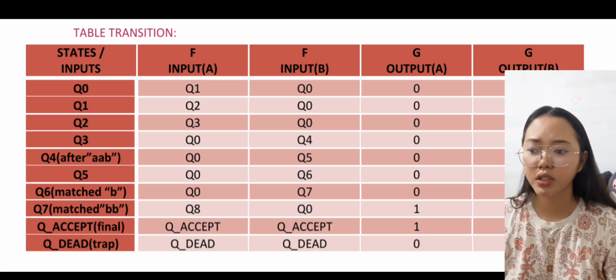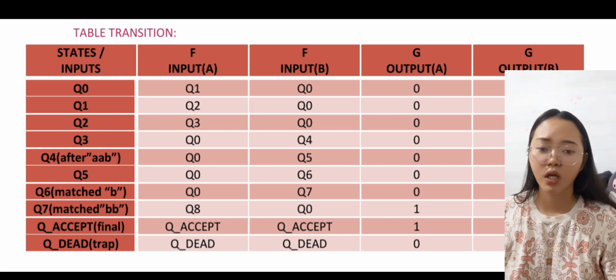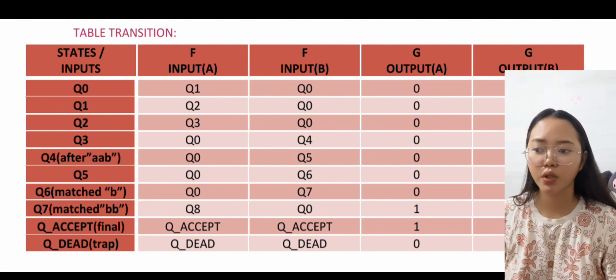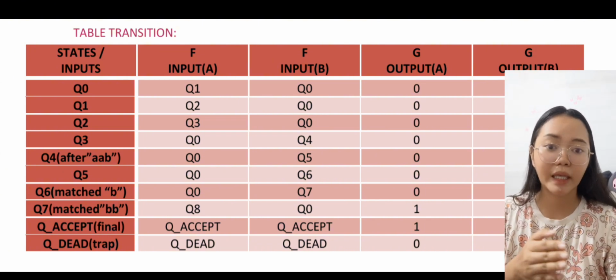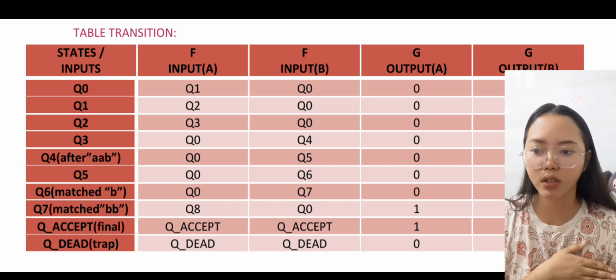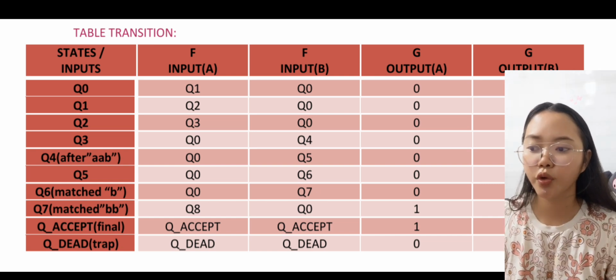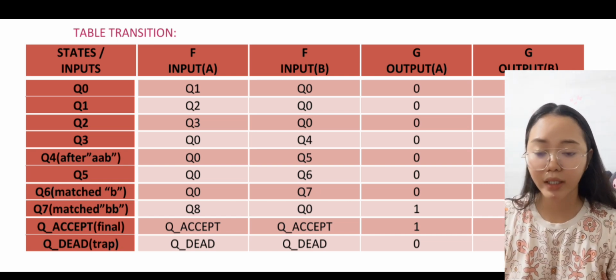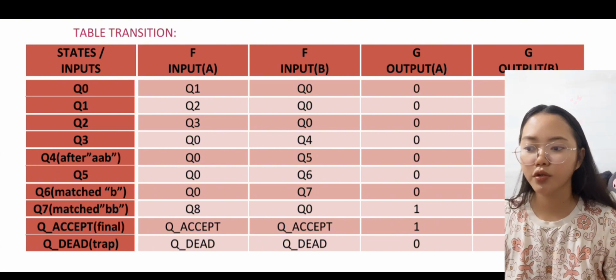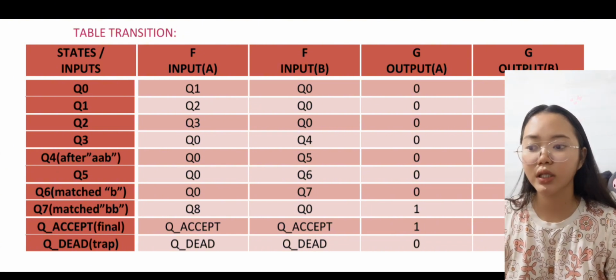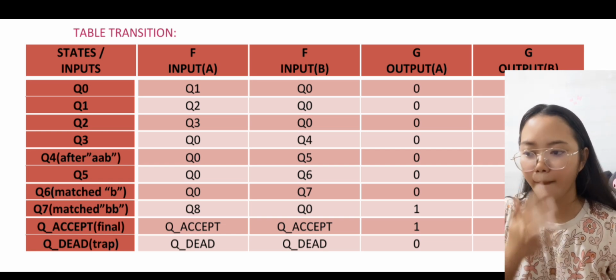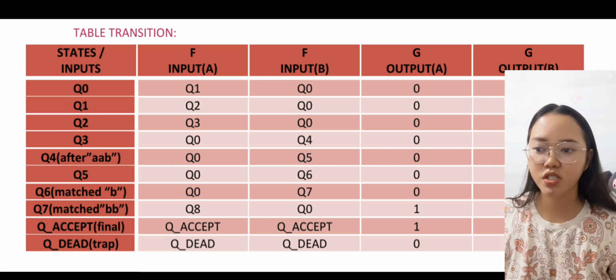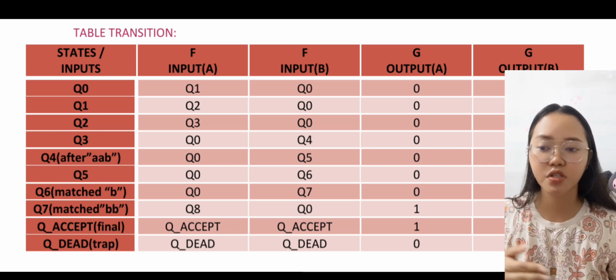The transition table shows state 0 to state 1 on A, starting the AAAA sequence. Then Q1 to Q2 on an A again, and Q2 to Q3 on an A again. Now we've matched AAAA. From there, the automaton waits to see if BBA comes later in the string.